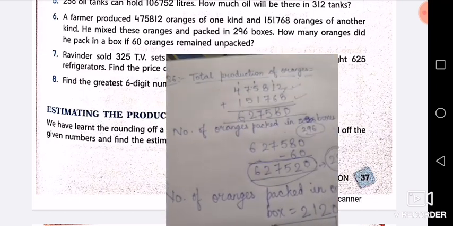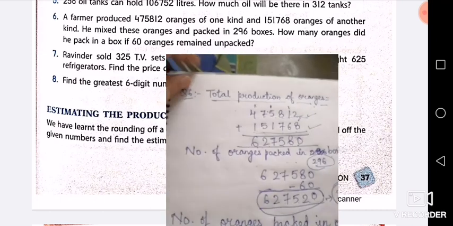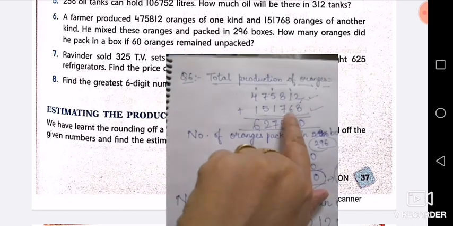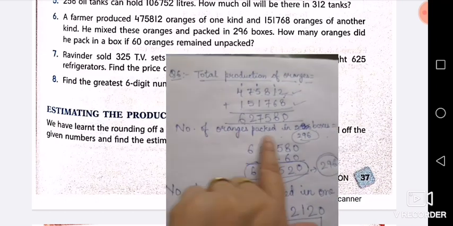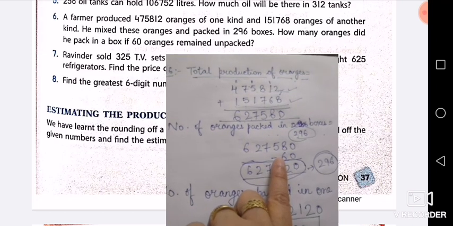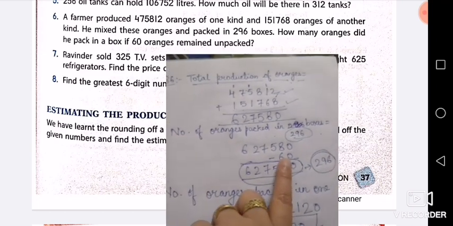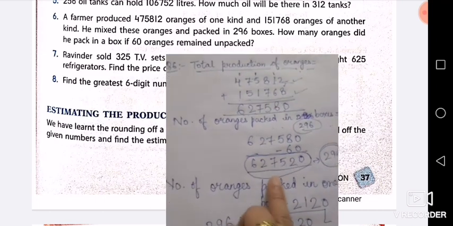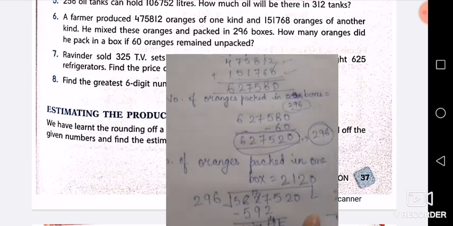Okay. Total production of oranges we have to find out first, because these many oranges of one kind were there and these many oranges of the second kind were there. First we have done addition. Now the number of oranges packed in 296 boxes. Now it is given in the question that 60 oranges were not packed in any box. So that 60 will be subtracted from the total number of oranges. So these many oranges were packed in 296 boxes.